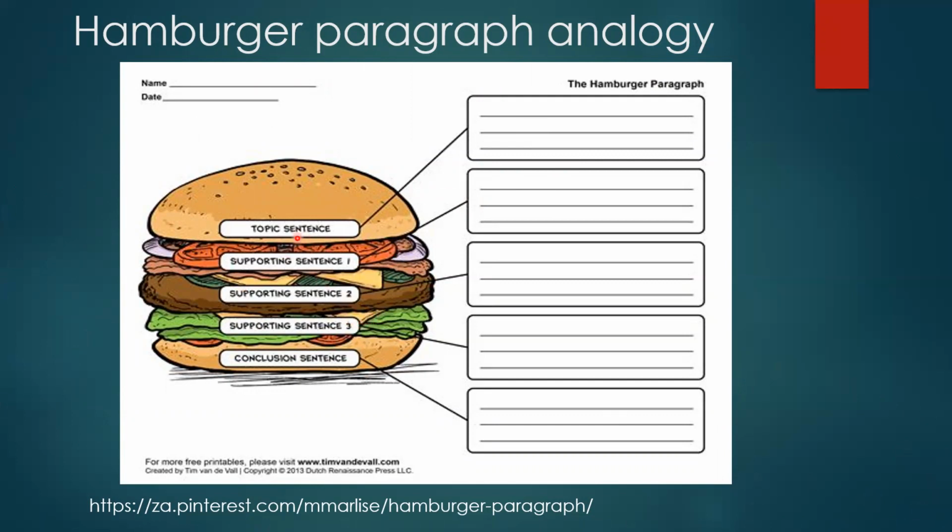The first layer of your hamburger is your topic sentence. By the time you're eating the second layer, you know that you must provide evidence to support your point. And by the time you're eating the third layer, you know that when you're writing your paragraph, you must explain how the evidence supports your points. So you see sentence one, sentence two, sentence three.